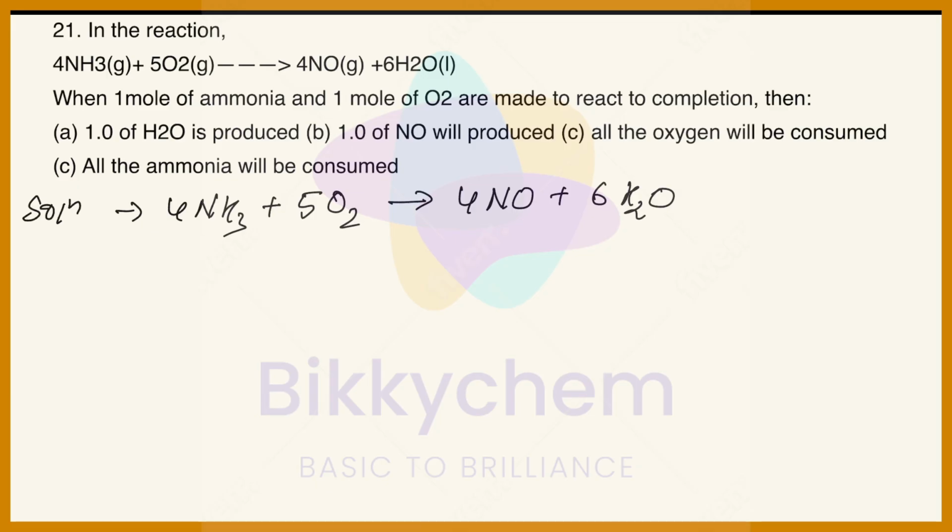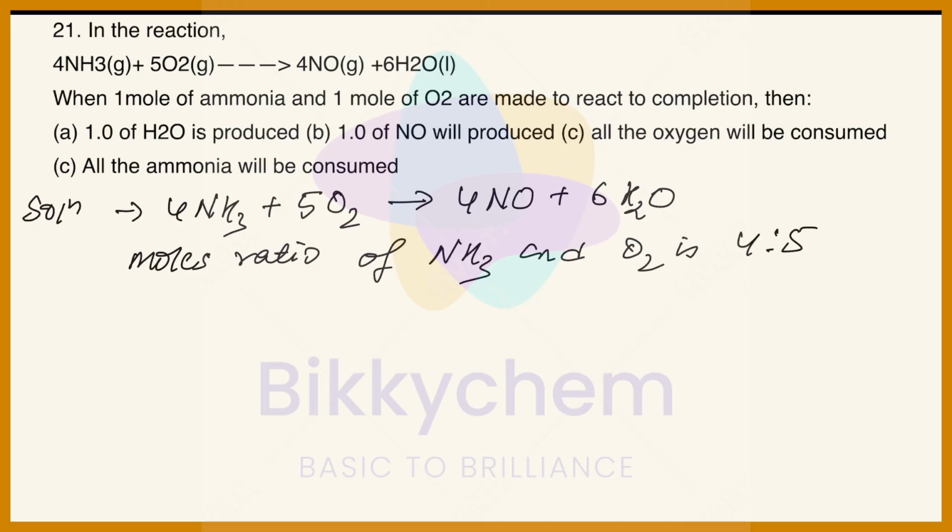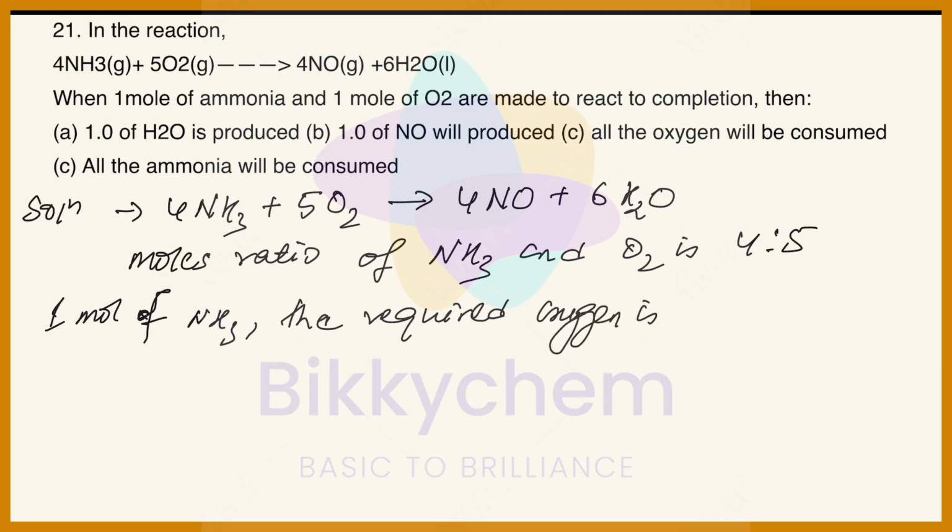So in this case, the mole ratio of NH3 and O2 is 4:5. So for 1 mole of NH3, the required oxygen is 5/4 into 1, which is 1.25 moles.